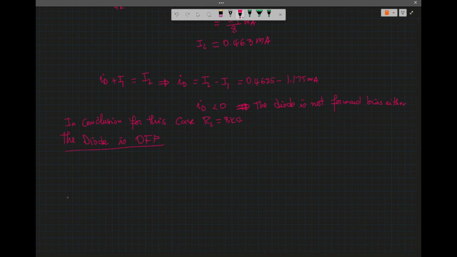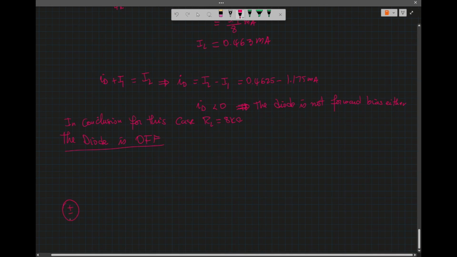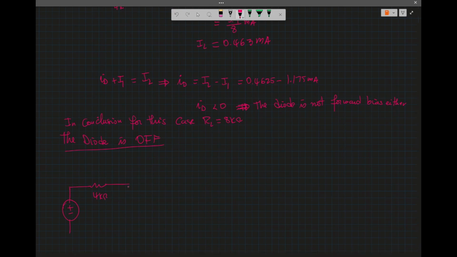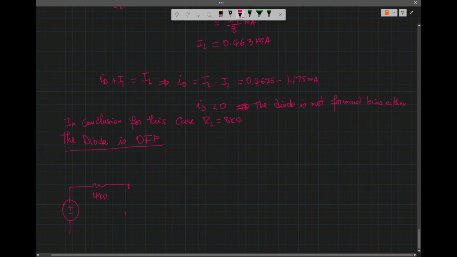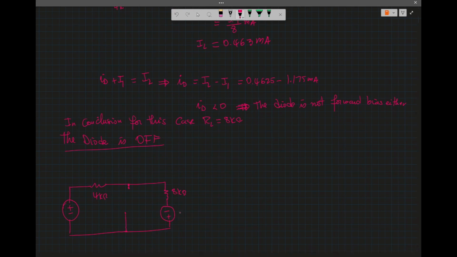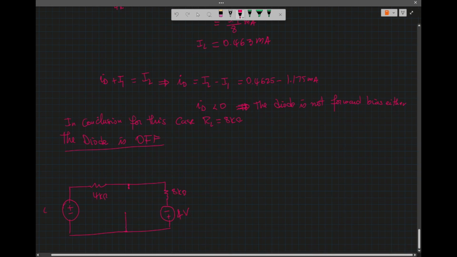We will draw the network with the diode off. So this gives me 4 kilo ohm. Now the diode is off, so it's open. Now I have the 8 kilo ohm here, and I have the negative 4 volt, so this is 4 volt.